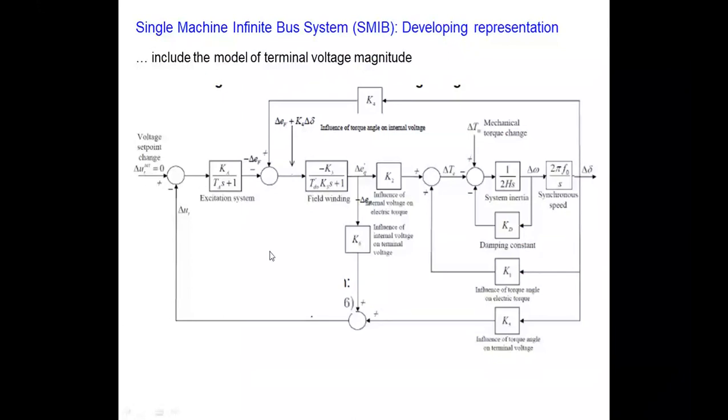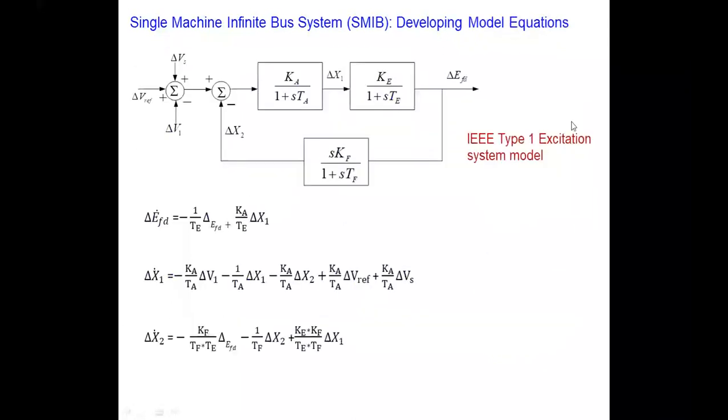But in some cases, you can also have the IEEE type 1 excitation system. And if you remember, this is what we have discussed in the type 1 excitation system model. You have the amplifier part and then an intermediate state variable here, because there is an S term here, and then the exciter part here.